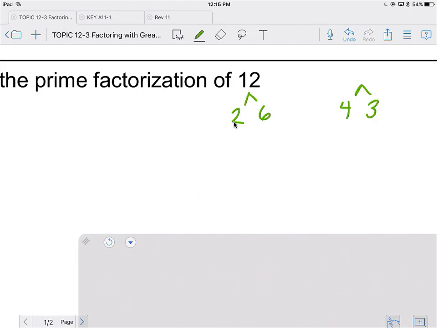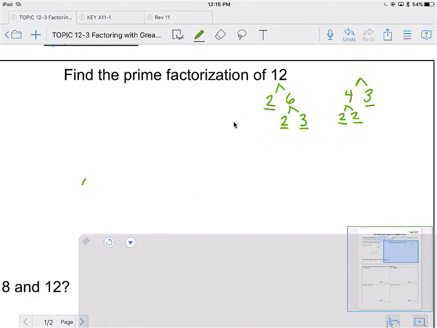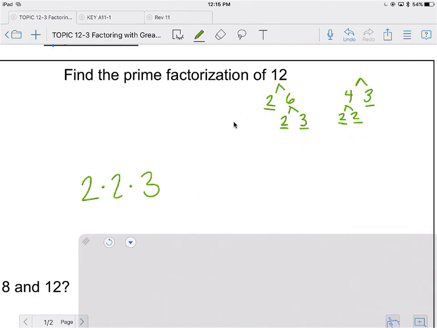2 cannot be broken down anymore, but 6 can be comprised of 2 times 3. If you were working over here, you would have 2 and 2. No matter which tree you do, you would have the factors 2, 2, and 3. So we're going all the way down to what I call the leaves on the factor tree, the things that stick out on the very end. Remember that 6 doesn't disappear, but you've broken 6 up into 2 and 3.